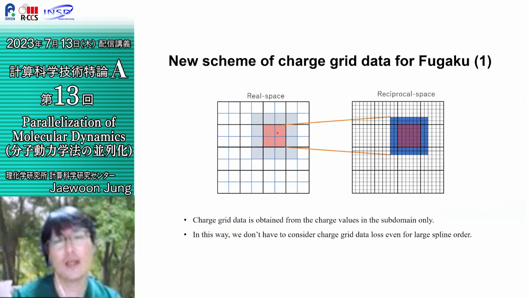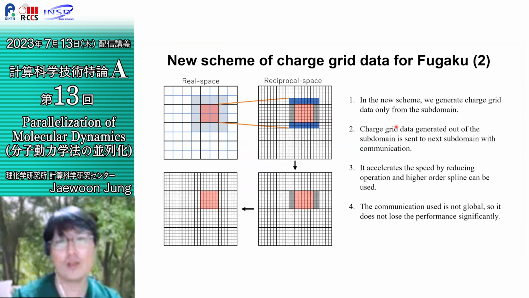And after this, we will generate charge grid data this way. And from this one, by making use of communication, we send the data of this one to the upper and lower processors and send this data to the left and right processors. By doing this kind of local communication, we can reduce the computational cost and increase the overall speed.